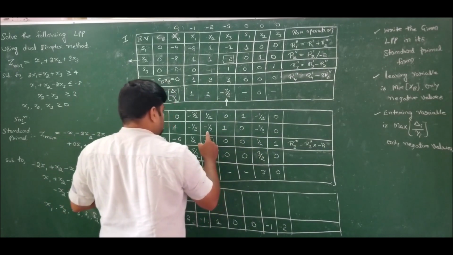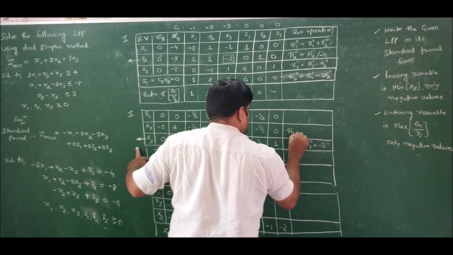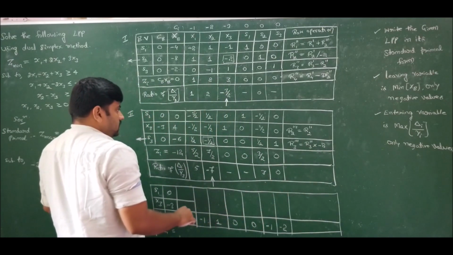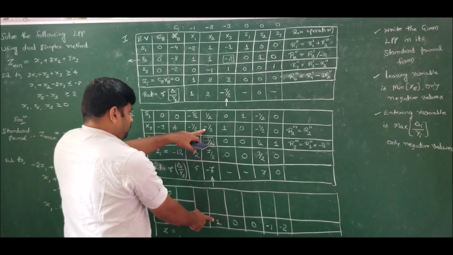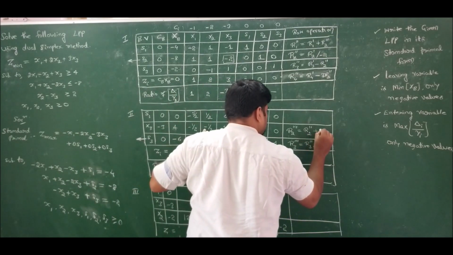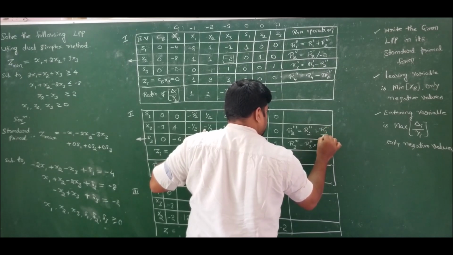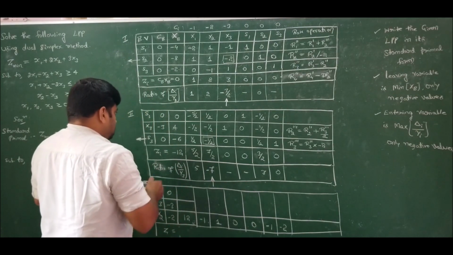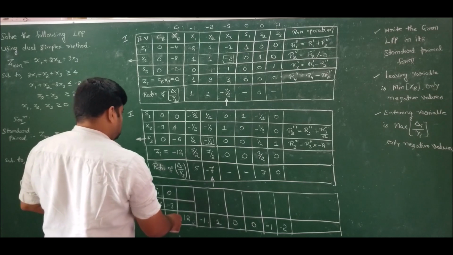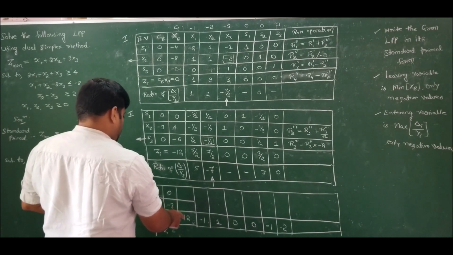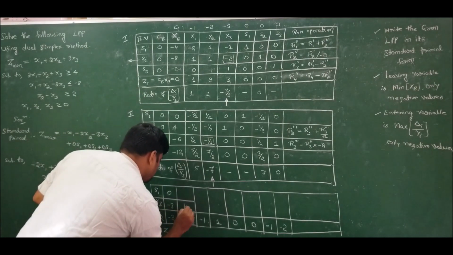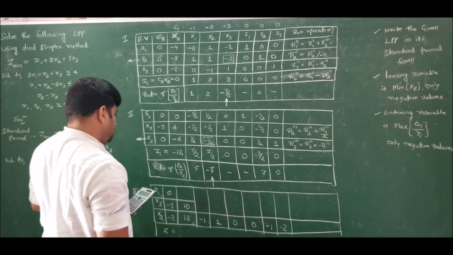Now coming over here. So R2 of step 3 is R2 of step 2 plus R3 of step 3 by 2. So we have 1, we have -half, it should be +half. So 4 plus 12 by 2 is 10.